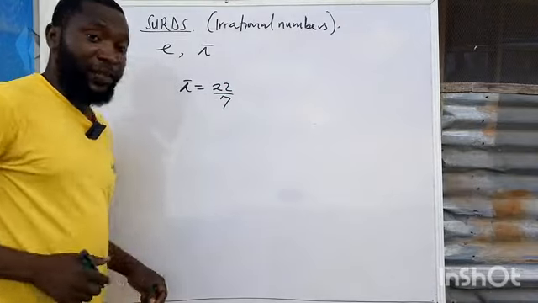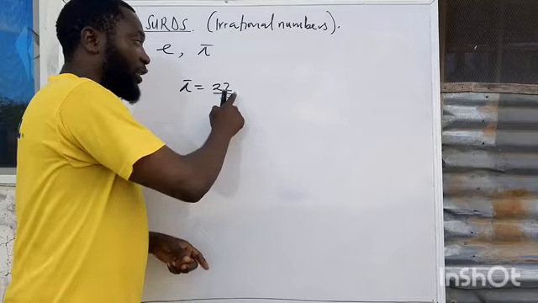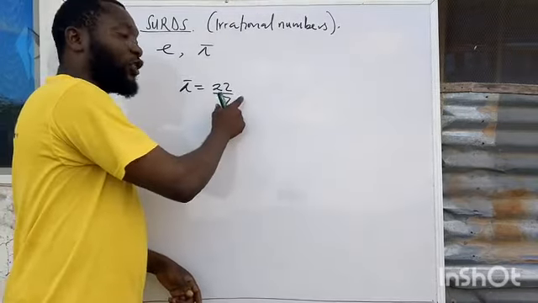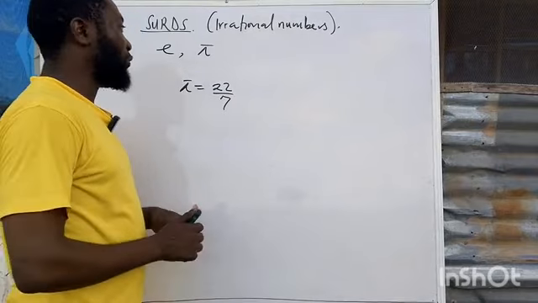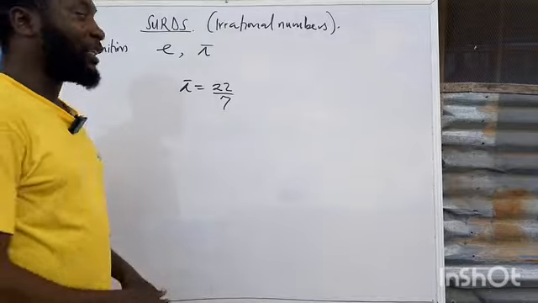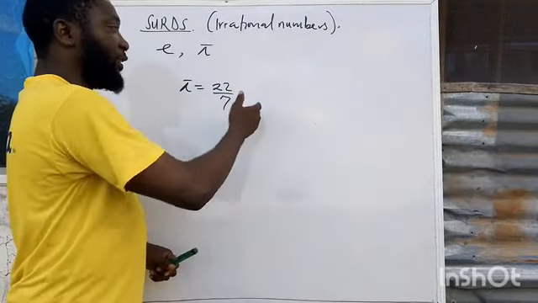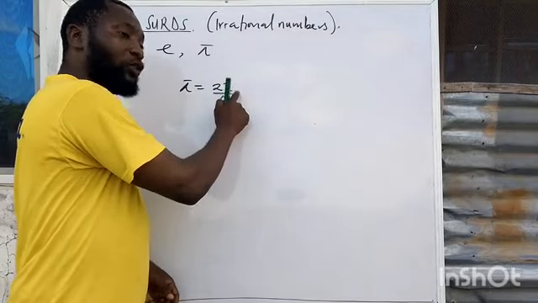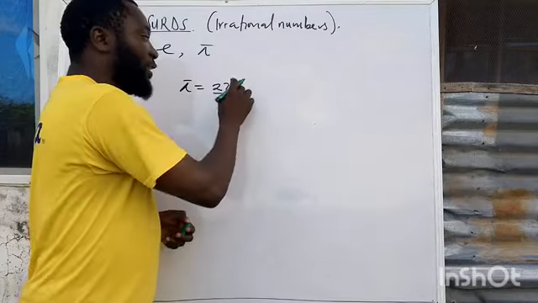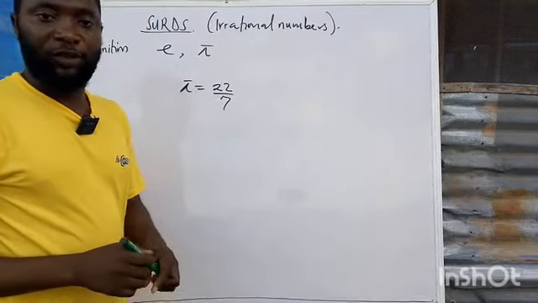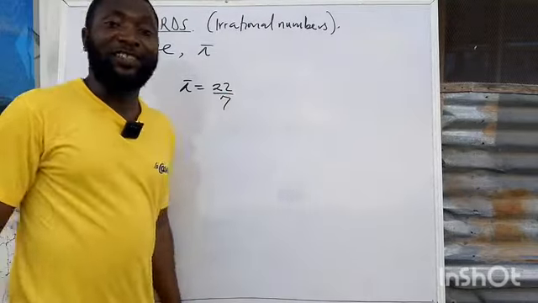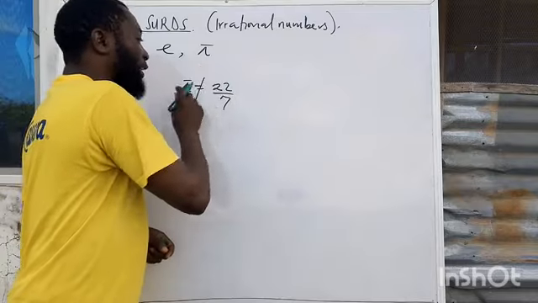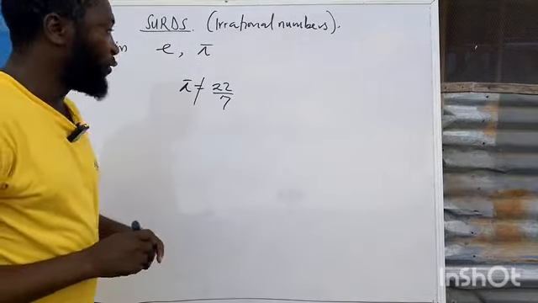This 22/7 is just an approximate value. You can check that with your calculator. Press pi, and you will see that the decimals after the 3 are not repeating. But if you try 22 divided by 7, you realize that the decimals after 3 are repeating, meaning 22/7 is a rational number. So pi is not equal to 22/7.